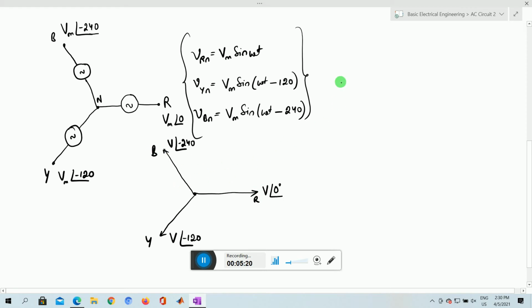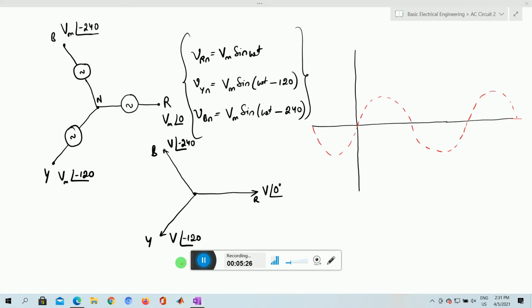So if we draw the three-phase waveform out of it, let me draw. Here I have drawn the R phase, and to draw the Y phase we have to split this in 60-degree intervals, here also 60-degree interval, so that we can draw the Y phase with a 120-degree phase lag.